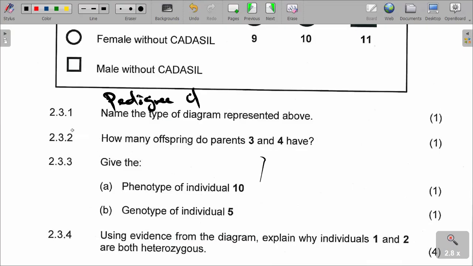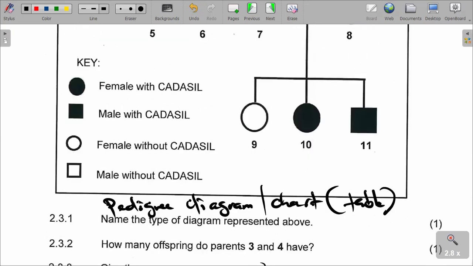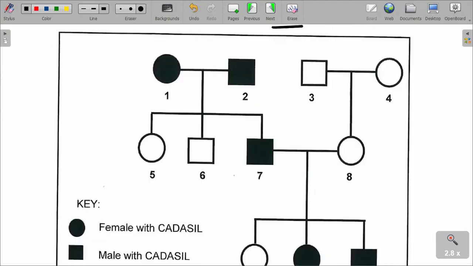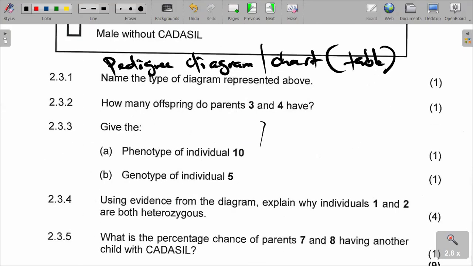You can call it a pedigree diagram or a chart, or sometimes a pedigree table, which shows the lines of inheritance in a family.